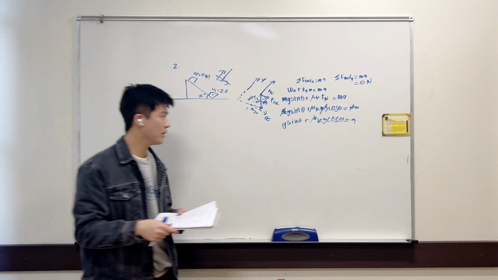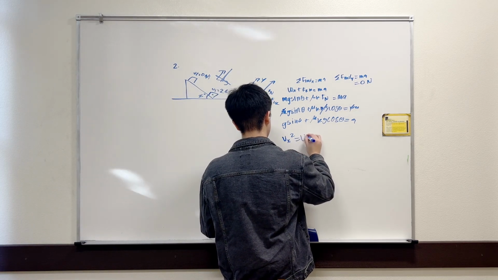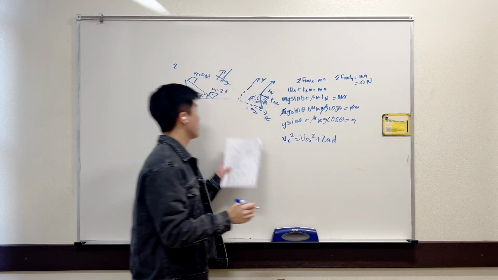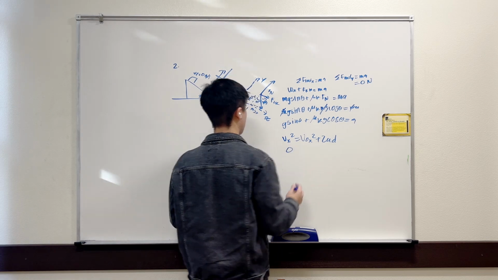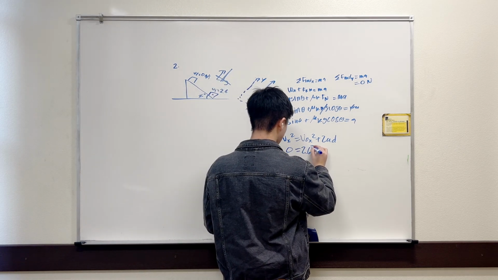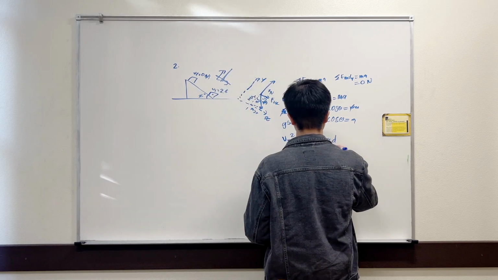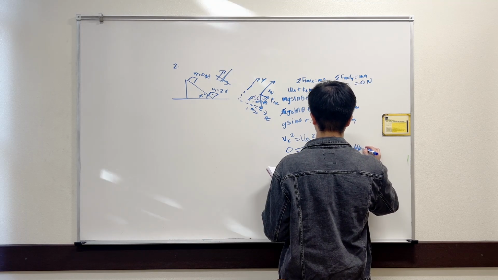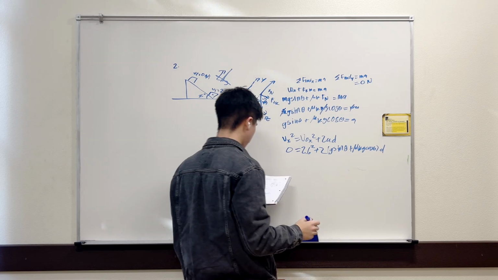And so now once we have this, we use the kinematic equation: vf squared equals the initial velocity squared plus 2ad. We know that the final velocity in this problem is 0. We know our initial is 2.6 squared plus 2, and we have our acceleration, g sine theta plus coefficient of friction times g cosine theta, and then the distance.